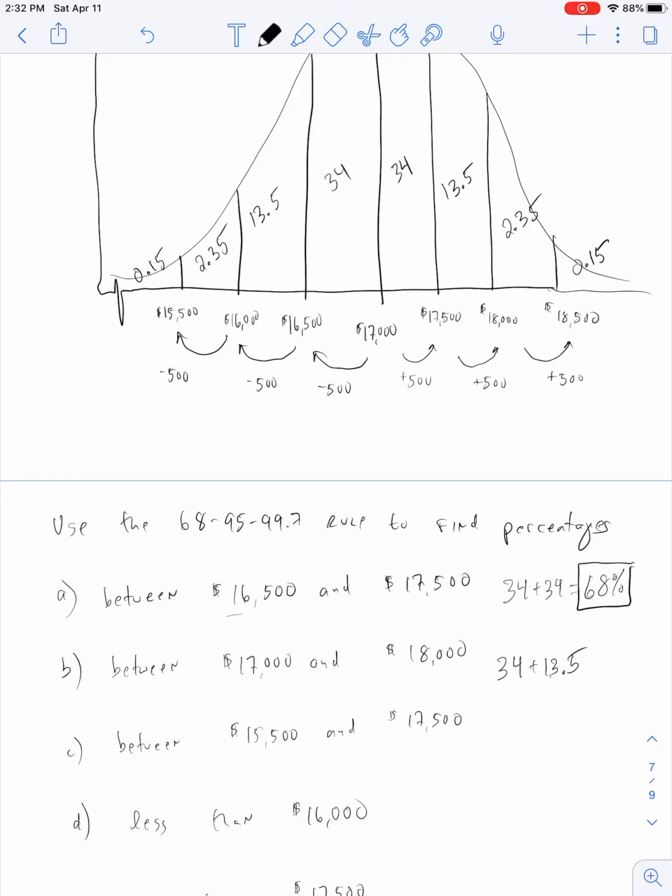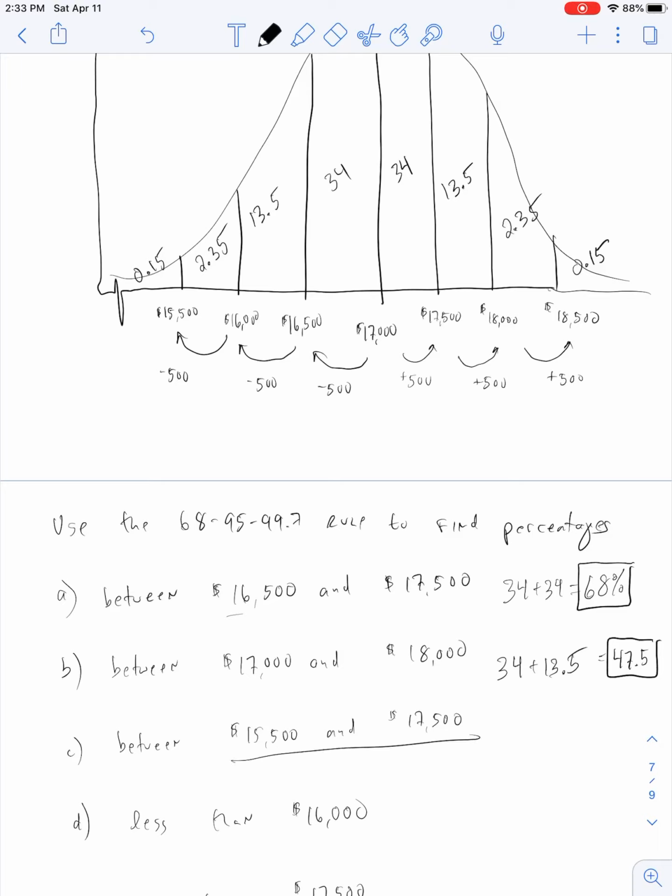That gives us a 47.5. Let me put that up here.